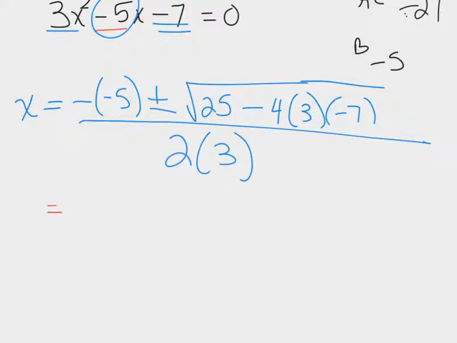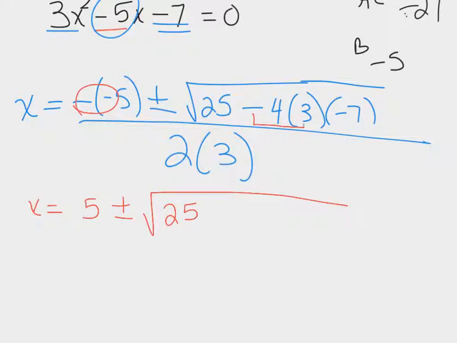That means x is going to equal, okay, so far, order of operations, I have 5 plus or minus. Inside the square root, well, 25 is going to stay. Negative 4 times 3 is negative 12 times negative 7 is positive 84, all over 2 times 3, which is 6.